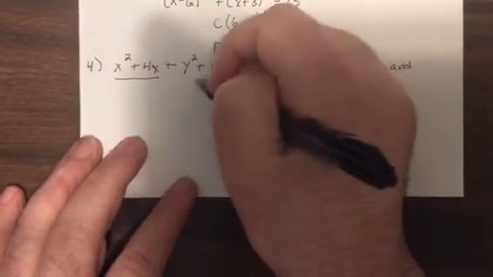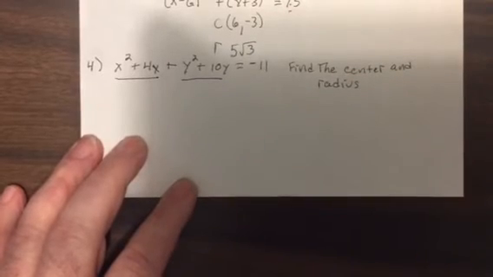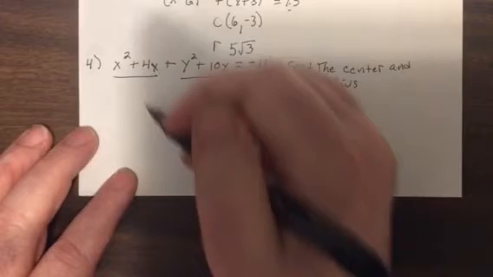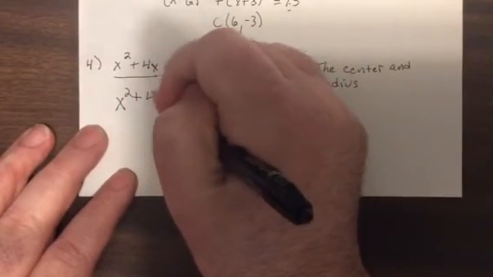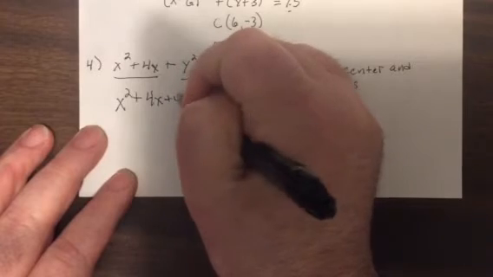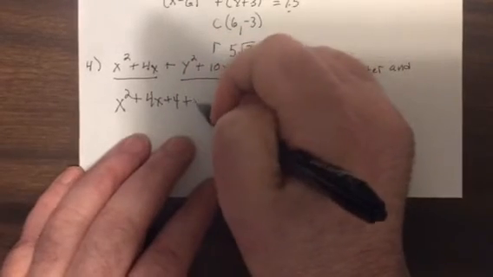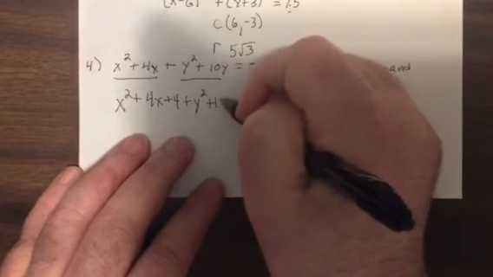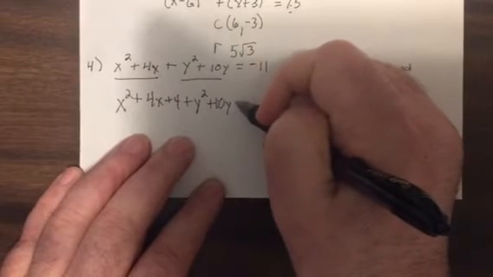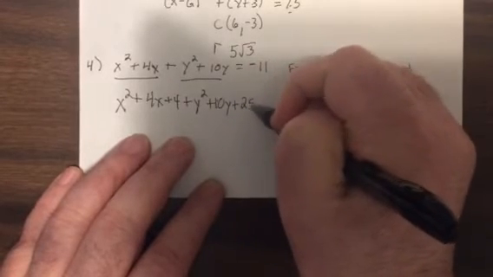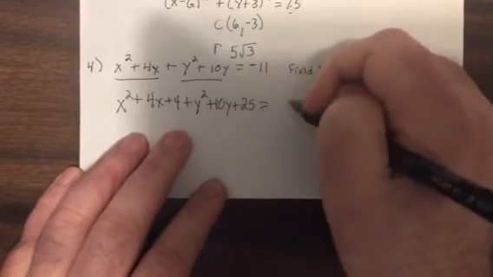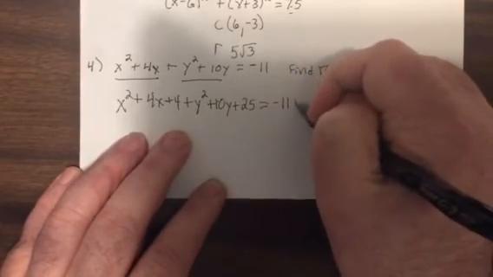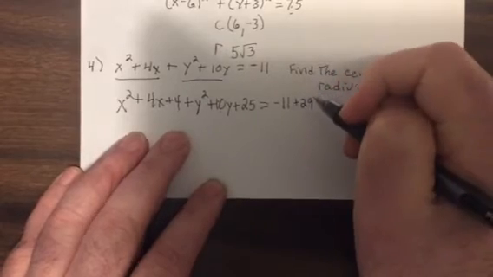Given polynomials, let's change it to a binomial square. That's completing the square. But I have to do it twice. So half of 4 is 2. 2 squared is 4. y squared plus 10y. Half of 10 is 5. 5 squared is 25. Now I added 29 to this side, so I have to add 29 to this side.